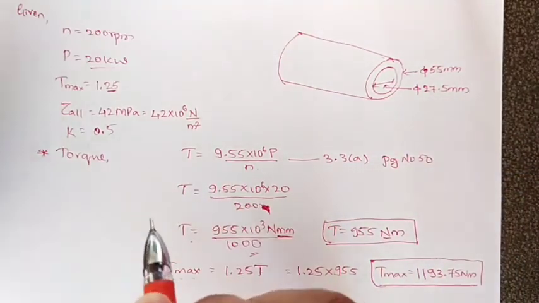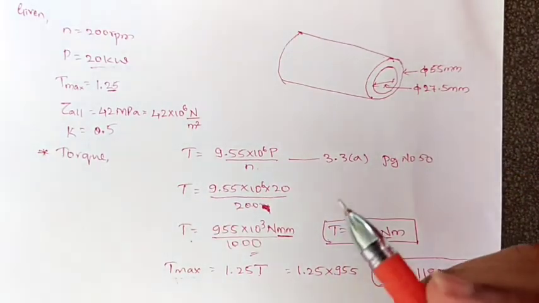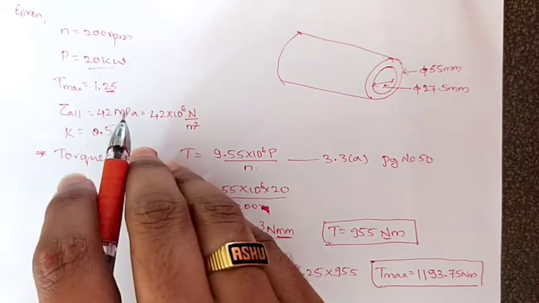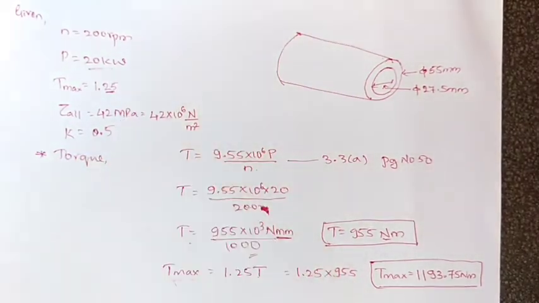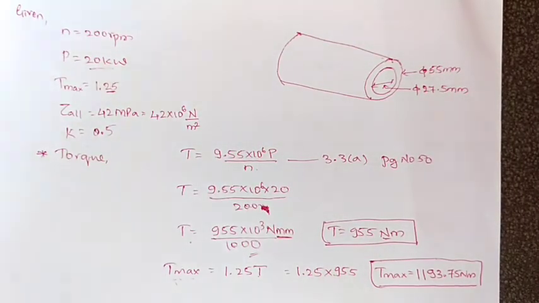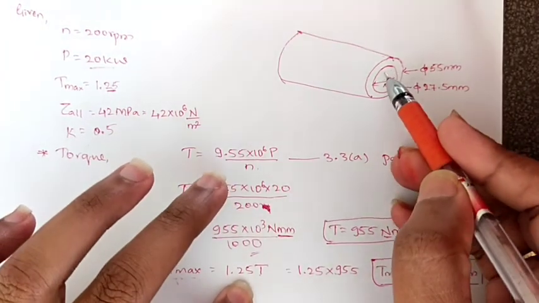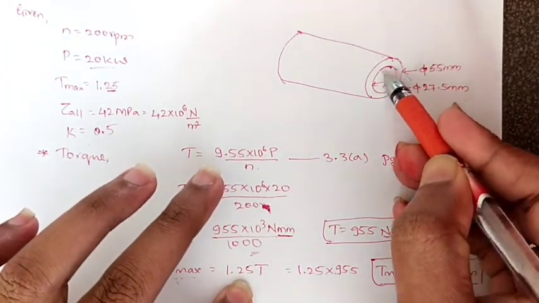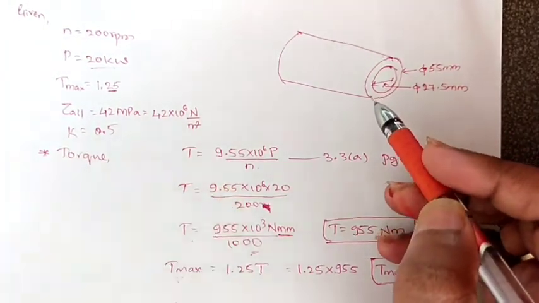If it is a solid shaft, you will have only the outside diameter. There will be no hollow space. So you will have only one diameter.